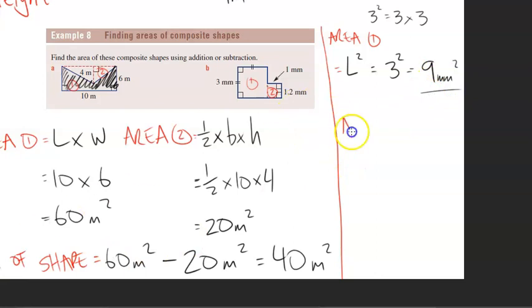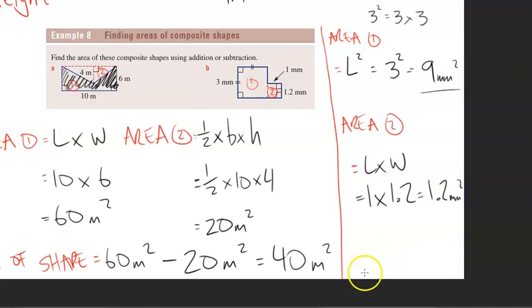Area 2. We need to work out now the area of the small rectangle. This has a length of 1 and a width of 1.2. So this is length times width, which is equal to 1 times 1.2, and that's simply 1.2 square millimeters.